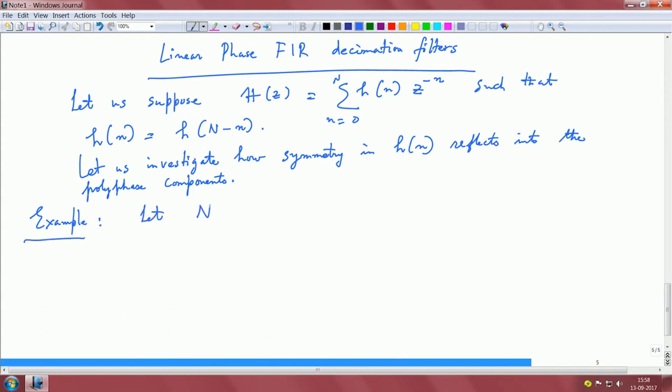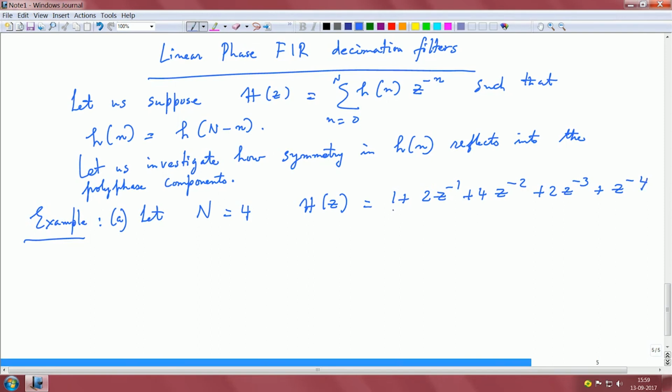Let us choose capital N to be equal to 4. So that means I have 5 coefficients, right, N plus 1 coefficients. So let us assume that H of z is of the form 1 plus 2 z power minus 1 plus 4 z power minus 2 plus 2 z power minus 3 plus z power minus 4. So now we are familiar.